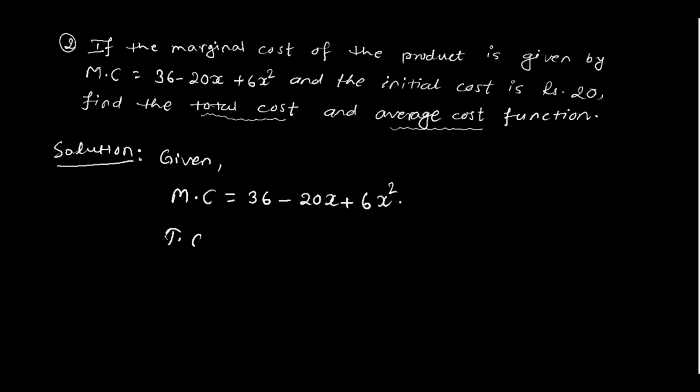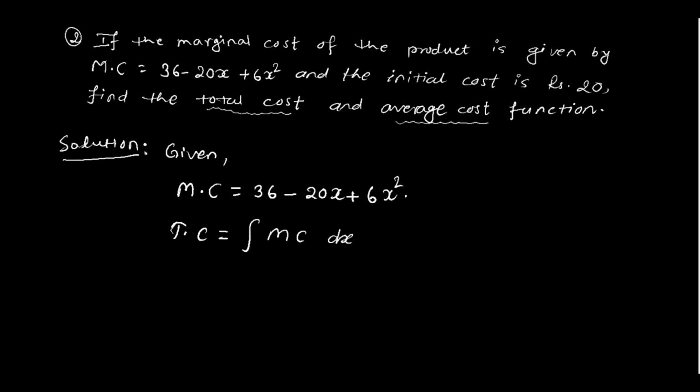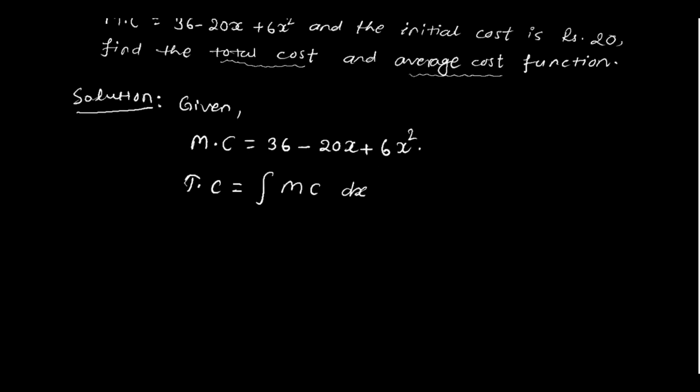Total cost equals the integration of marginal cost with respect to x. That is, substitute the value of marginal cost: 36 minus 20x plus 6x square dx. When you integrate an algebraic function, the power will be increased.